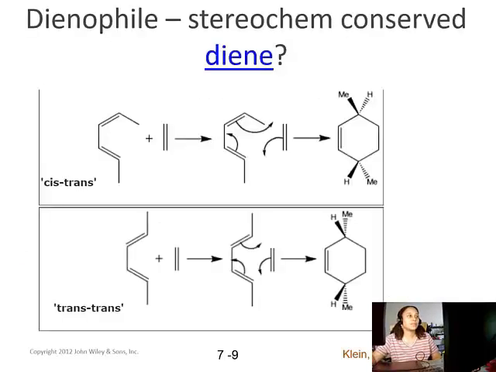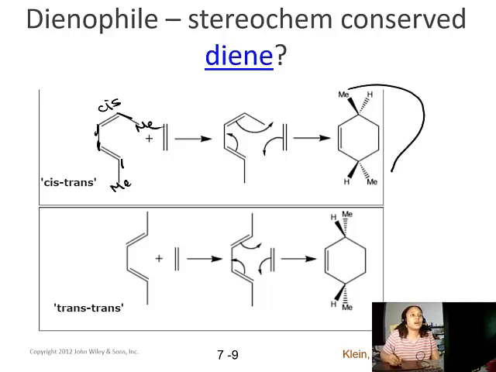So let's look at another thing, which is the orientation of our groups on our double bond. When we have what's called cis-trans, meaning that one of our double bonds has its group essentially cis because it's going this way, and the other one is trans because it's going this way, we end up with these methyls going to be opposite to each other.